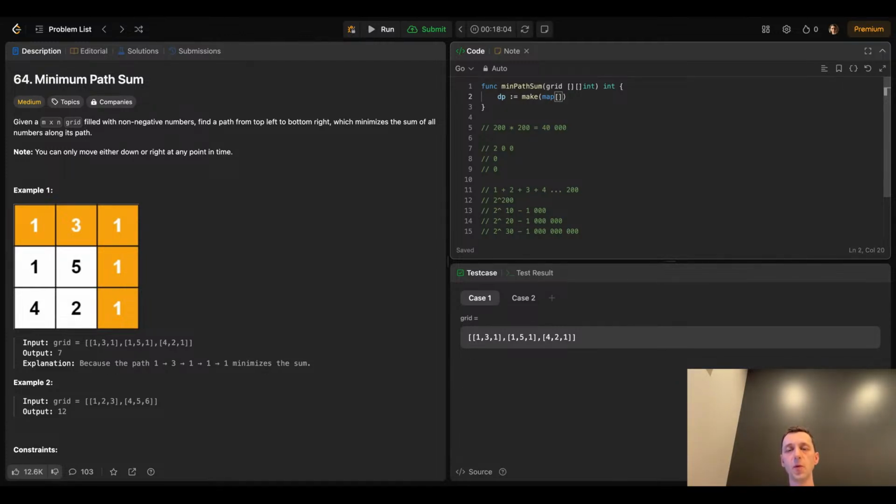Yeah, which will store a map of arrays of integers of length 2. Pairs, yeah, those pairs, those coordinates, because we need both, right? We need both. And we will store the integer to that, yeah. So that's our dynamic programming.